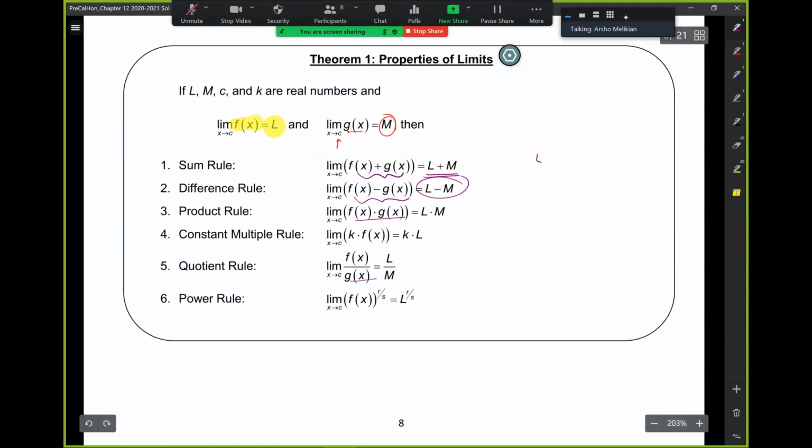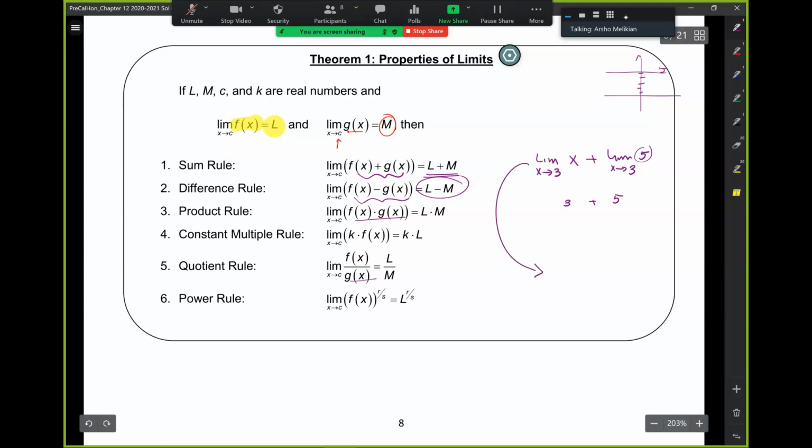For example, the limit as x approaches 3 of x, what did we say that was? 3. And the limit as x approaches 3 of 5, what is that? Is it 3? It's 5, because now this is y equals 5. So 3 and 5 gives 8.